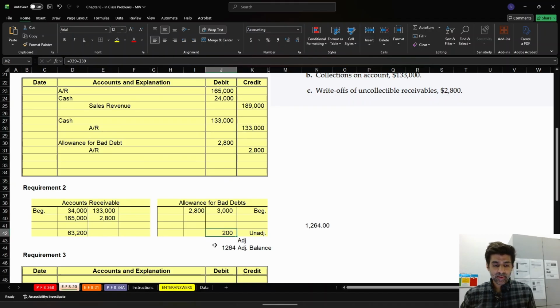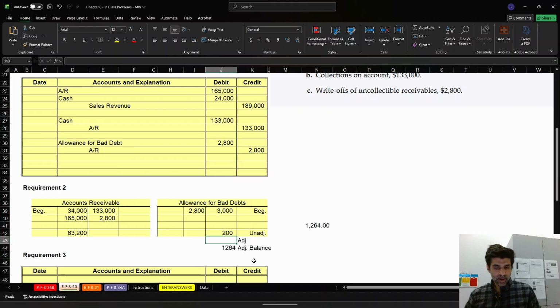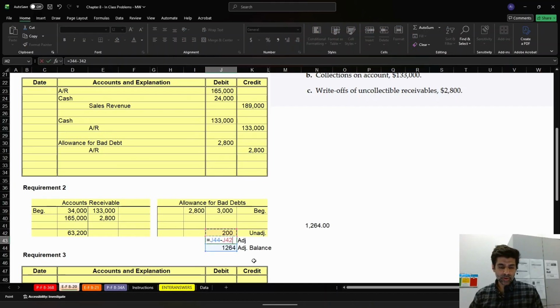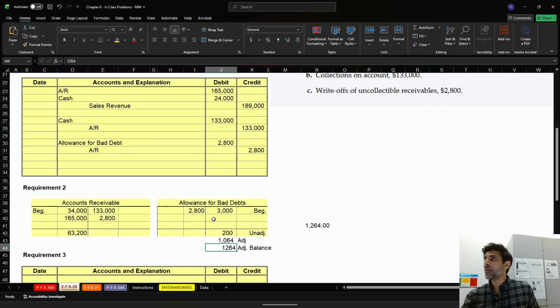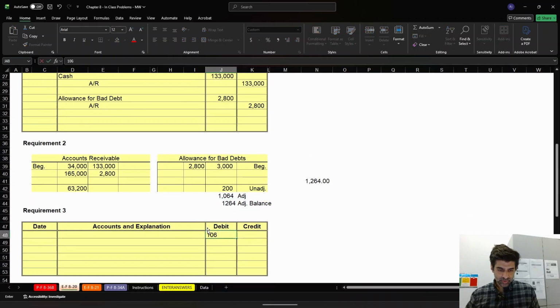And we know allowance for bad debt is a contra asset account. It's got to be a credit balance. We have an existing credit balance of 200. So to get our adjustment, we take our target balance minus our existing credit balance, and we get 1,064. That's how much more we need to add to allowance for bad debt to get to this target. So we would do 1,064.